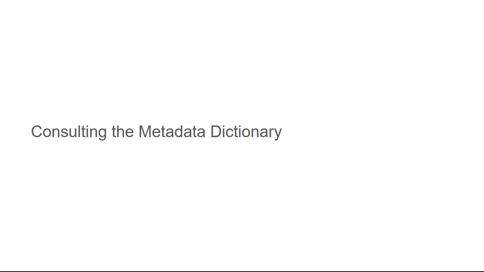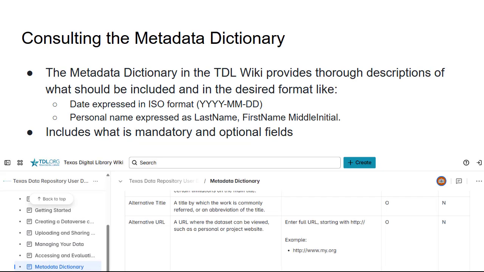Now we will learn how to consult the metadata dictionary to ensure proper data fields. When creating metadata, it's important to follow consistent standards. The Metadata Dictionary in the TDL Wiki provides detailed guidance on what each field should include and how it should be formatted. For example, dates should be written in ISO format with year, month, day.